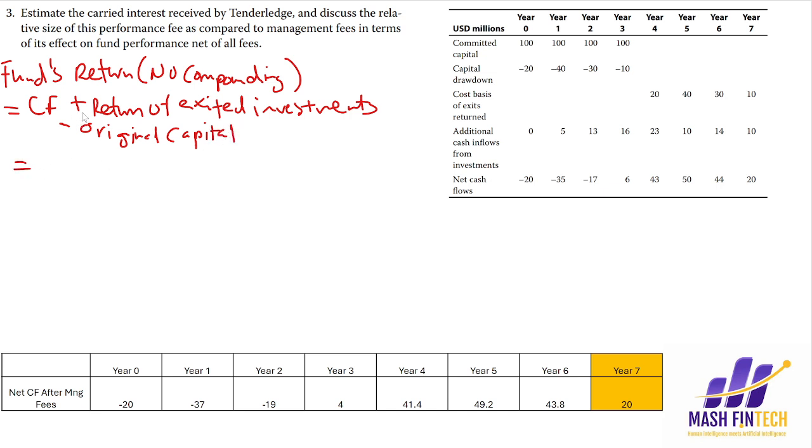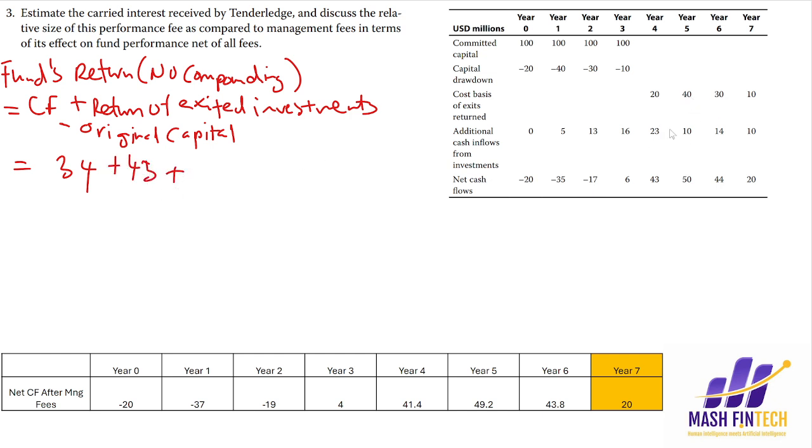So if you look at these cash flows here, 0, 5, 13, 16. You add these amounts. Let's just quickly add this. So this is 18. 18 plus 16, 34. Let me just put this number here so that you have 34. And then you add this now, where you have 23 plus 20, 43.